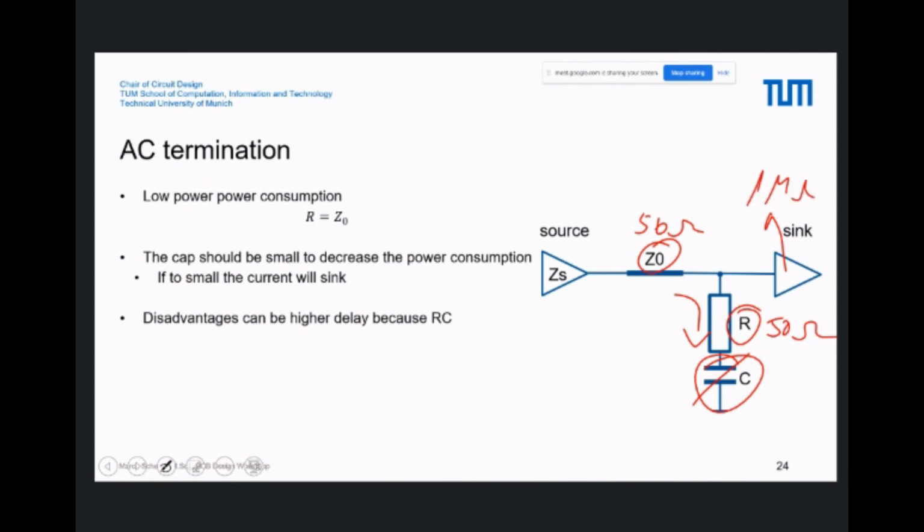If you have 1 mega ohm and 50 ohm in parallel, then it's roughly 50 ohm. So you have a very good matching. And this cap here should be small, so that no current flows into the cap, and also not too large, because large caps mean a higher delay. Not a higher bandwidth, you have a lower bandwidth.